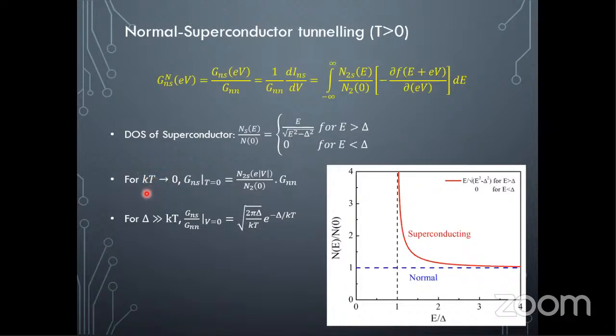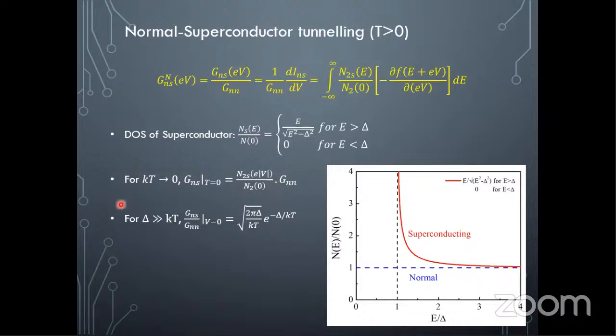One limit is if kT is going to 0. At that limit, the differential conductance is just proportional to the density of states of the superconductor at an energy eV, and there are some constant factors.